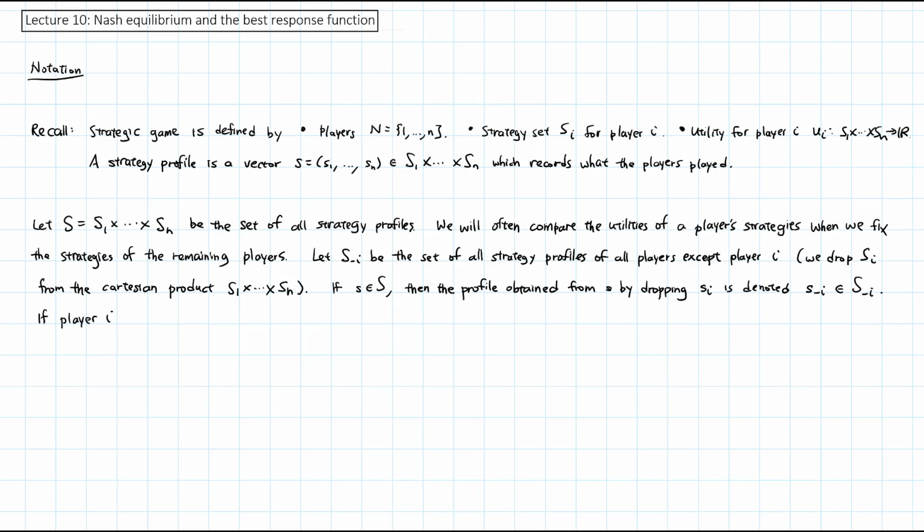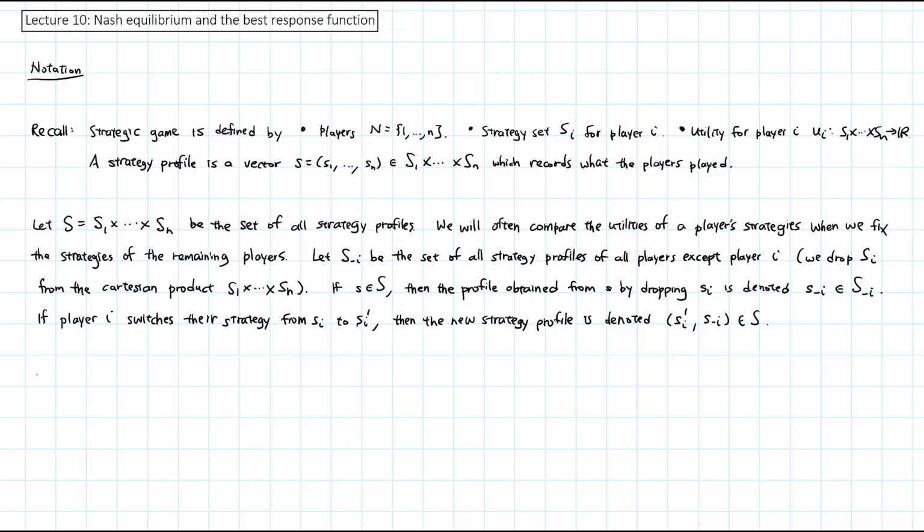And if player i switches their strategy from Si to Si prime, then the new strategy profile is denoted by Si prime followed by S minus i. Now the notation might feel a bit wonky and not really precise, but the notation will make more sense once you get used to it.